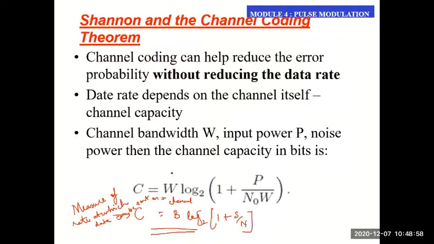We'll not go until that. Usually we try to use only half the channel capacity if we want reliable communication. To avoid errors very effectively, we should try to send at a rate much less than the actual capacity of the channel. And in calculating that capacity, the bandwidth, the signal power, noise power, everything comes into the picture.